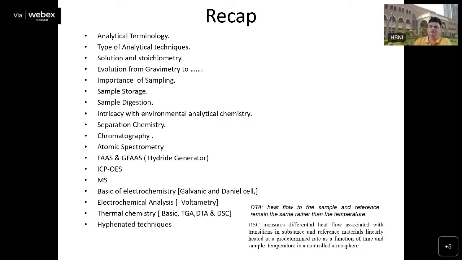Then we discussed separation chemistry. The element of interest, or the major matrix, can be separated either by using solvent extraction, ion exchange, or chromatography. In solvent extraction, I gave the example of the removal of uranium, when one has to carry out the analysis of trace elements or impurities in uranium metal.